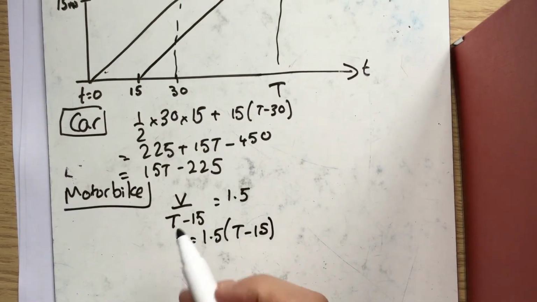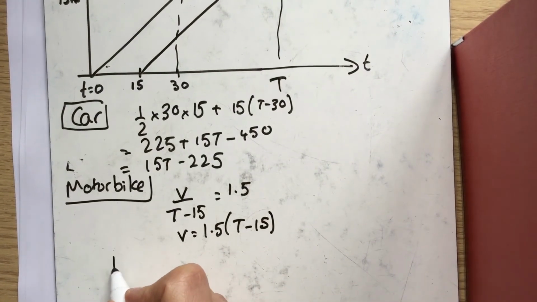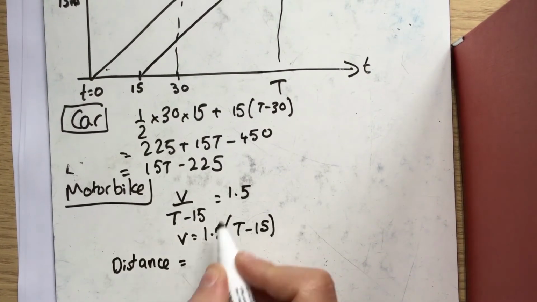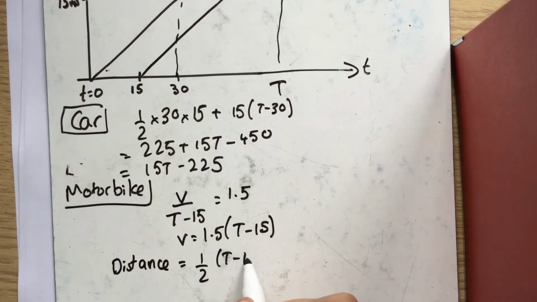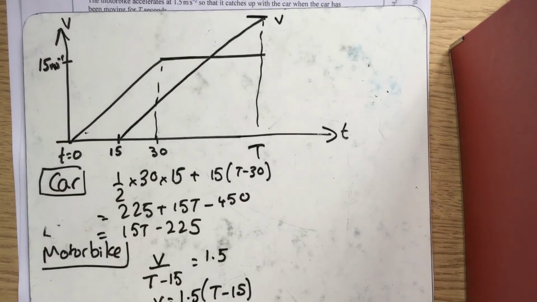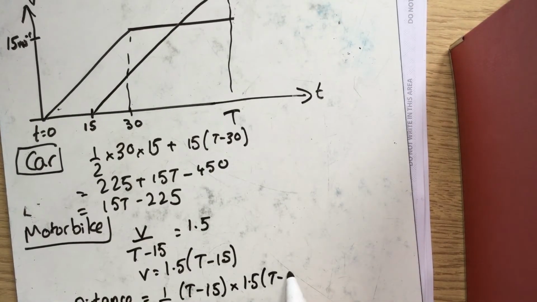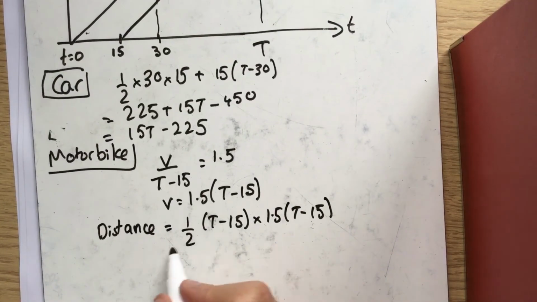So when we now come to find the area of the triangle, so this is the distance, we're literally doing half base times height. Well, that height we've already shown is v, so that's 1.5 times t minus 15. From there, it's just a case of setting up a quadratic.